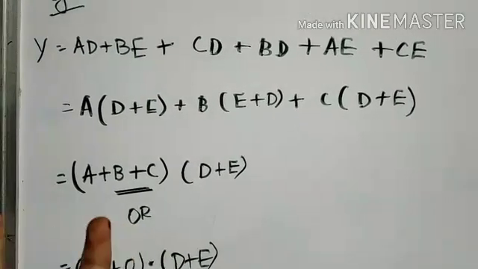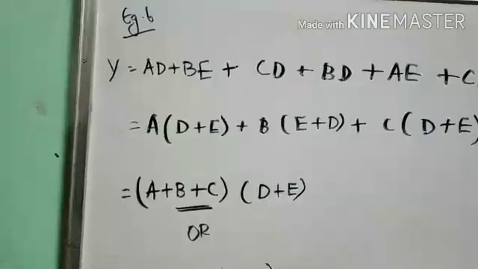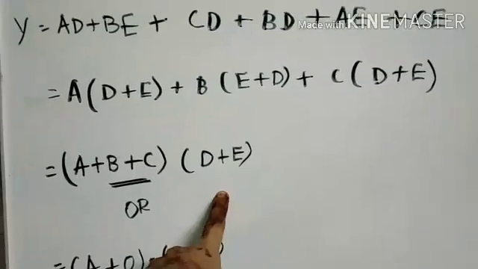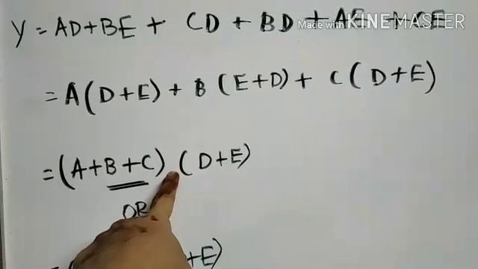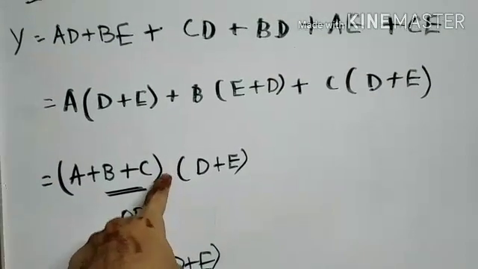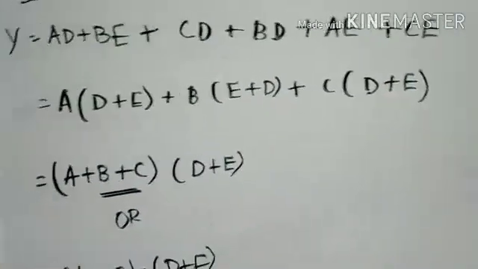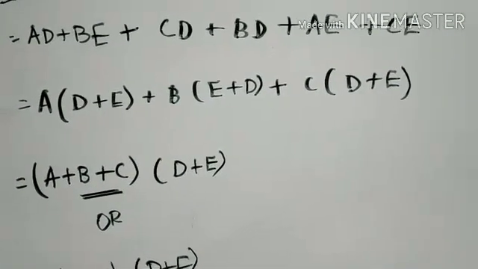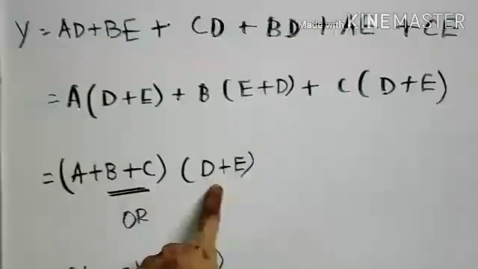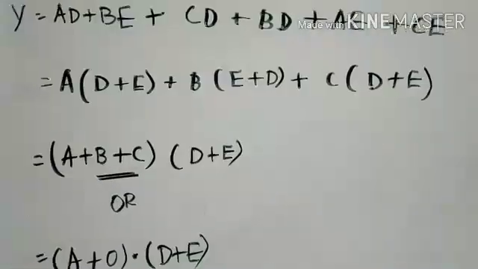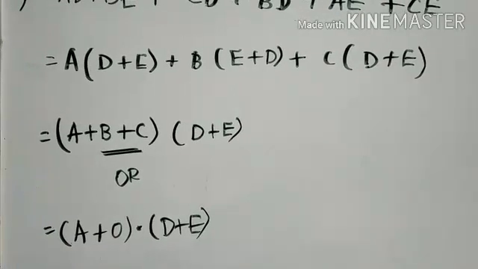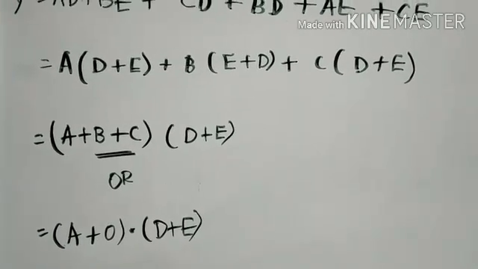Here in the center we are having a product, so it is not in sum of products. Sorry. This is in the format of product of sum. These two are sum terms we are producting over there, right? So A plus B plus C into D plus E.